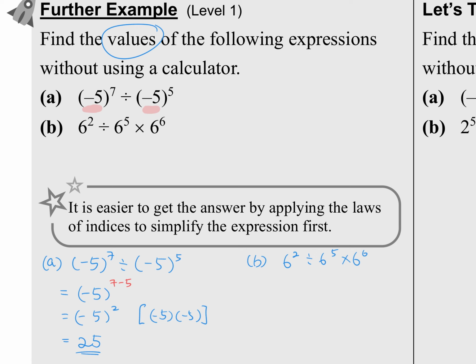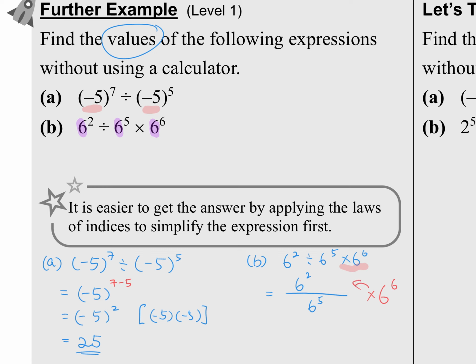Part B, the 3 numbers having the same base 6. Okay, I would recommend you rewrite these 3 numbers using a fraction bar first. First of all, 6 squared divided by 6 to the power 5, times 6 to the power 6. I would want to remind you it is like this.